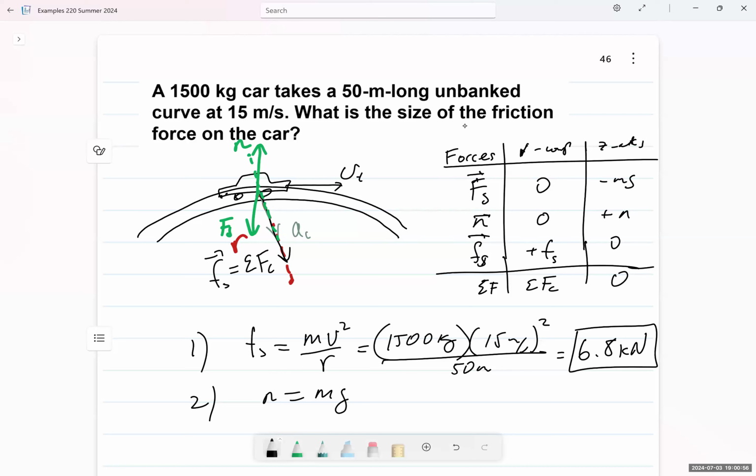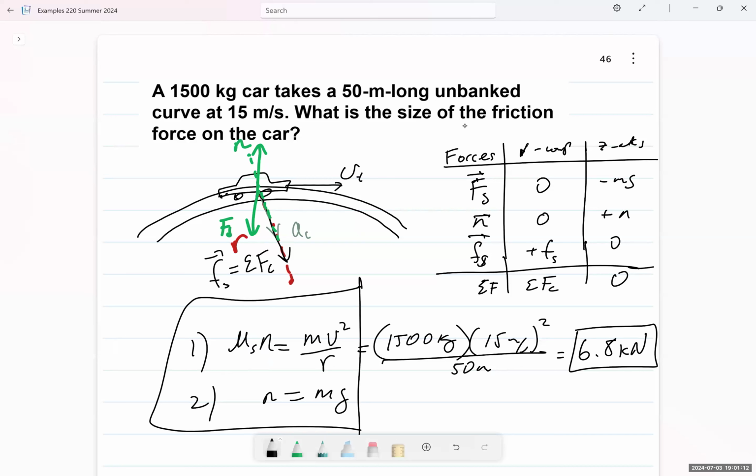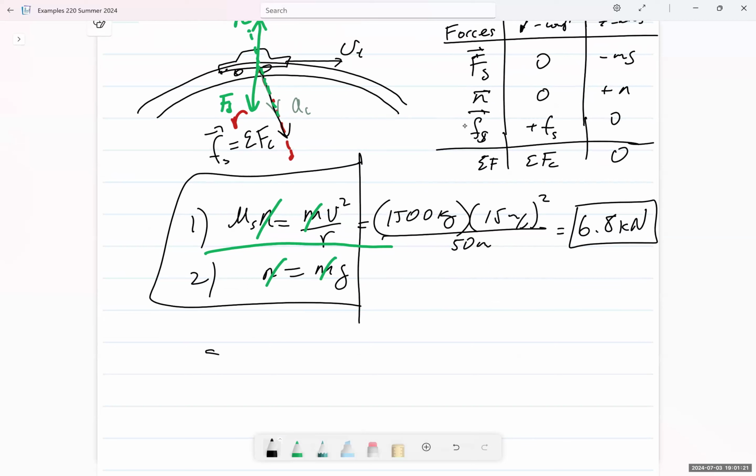Sometimes in problems like this, you might be asked to find the coefficient of static friction. In that case, going back to equations 1 and 2, I can replace the static friction with the coefficient of static friction times the normal force, then divide these two equations by one another. The normal force cancels out, the mass cancels out, and I end up with equation 3: the coefficient of static friction equals v squared over rg.